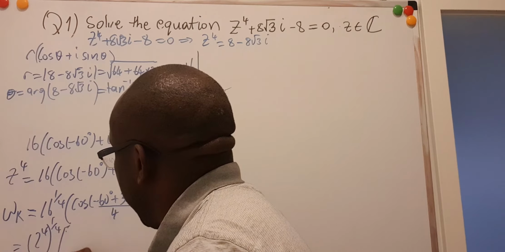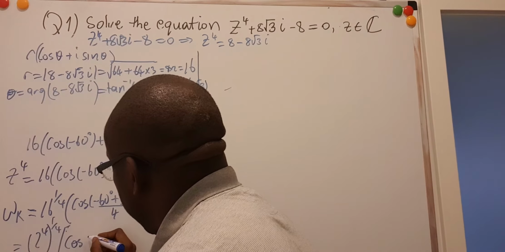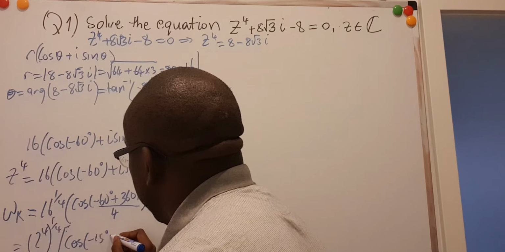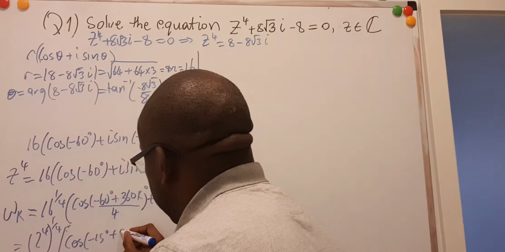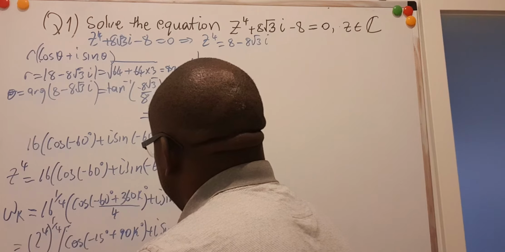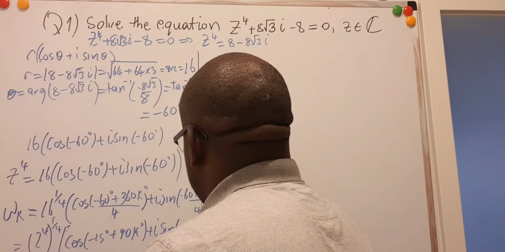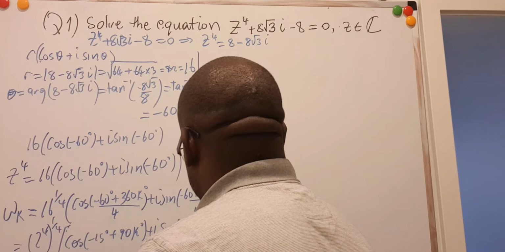I can also simplify this here. 4 can divide this and I get 15. So that is cosine of minus 15 degrees plus 90k degrees, plus i sine, the same thing, minus 15 degrees plus 90k degrees.